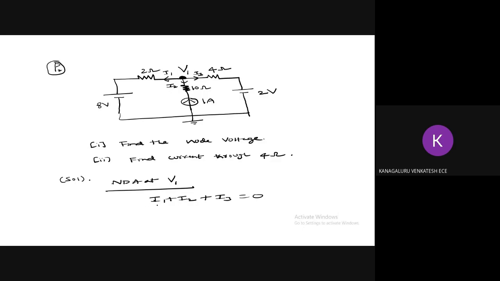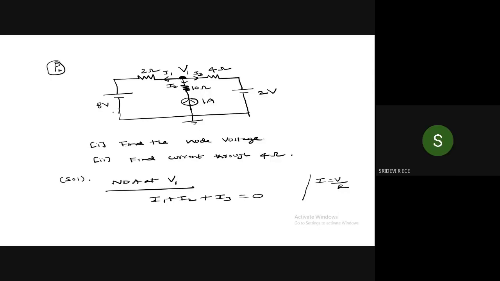Now, tell me for I1 what am I supposed to write? I1 in terms of node voltage V1 by Ohm's law. We know that I equals V by R. So what am I supposed to write for I1?